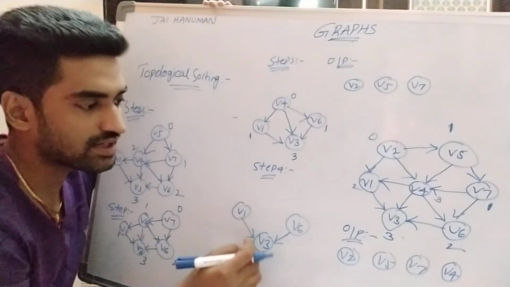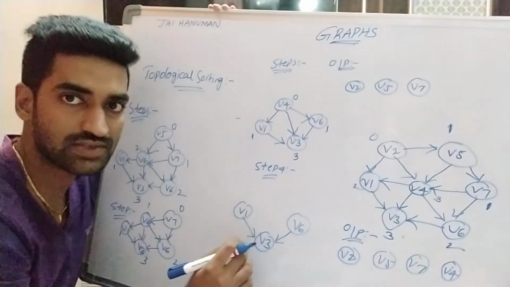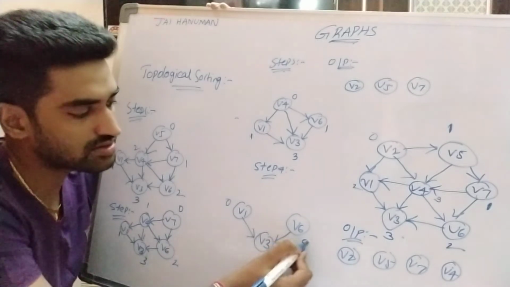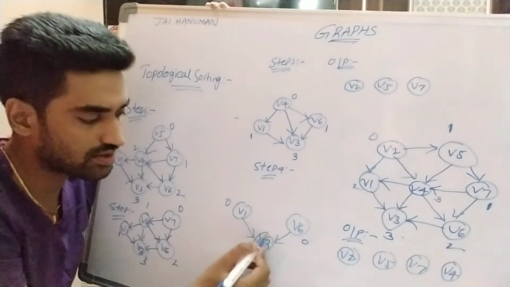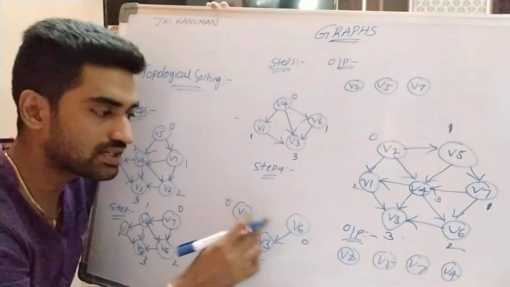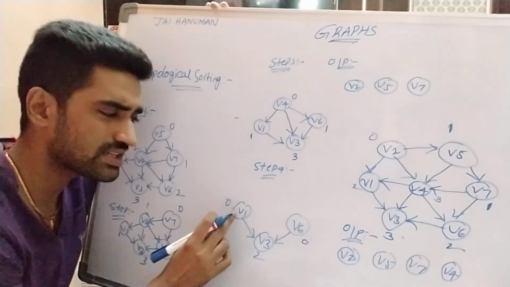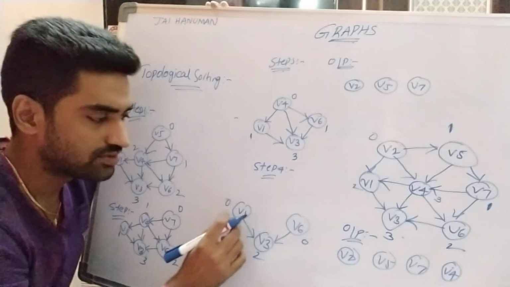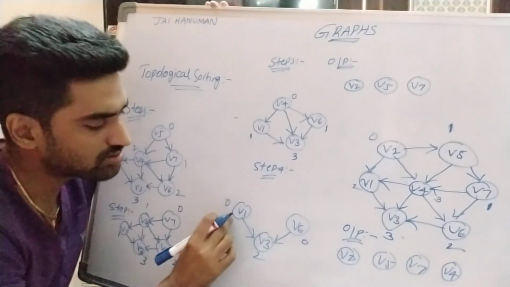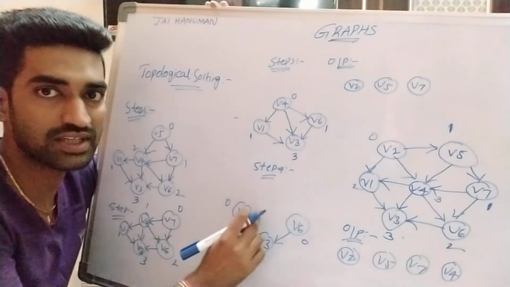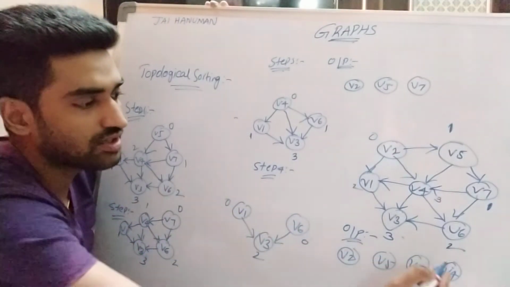So here I am calculating the in degree for each and every vertex for this graph. So V1 in degree is 0, V6 also in degree is 0, V3 in degree is 2. So here two vertices contain in degree 0. So that's why you have to choose either V1 or V6, right? Any one is correct. I am choosing V1. So that can be removed from the graph and added to the output, right?